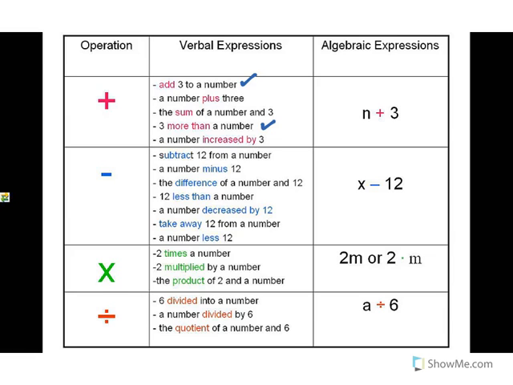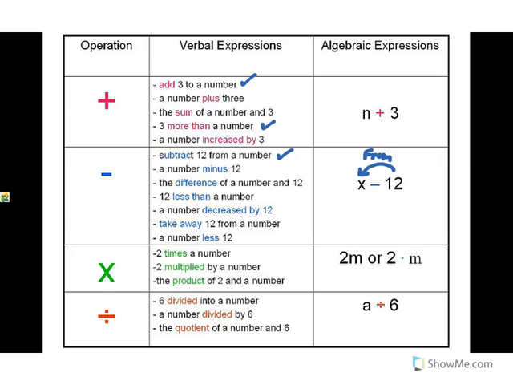Let's look at subtraction. We want to take a look at x minus 12, and we'll use that as an example. The very first one I want you to pay attention to: you notice that it's not 12 minus x, it's actually x minus 12, because we're subtracting 12 from this number. When you see something subtracted from something, it's the other way around. A number minus 12 is translated just like you see it.